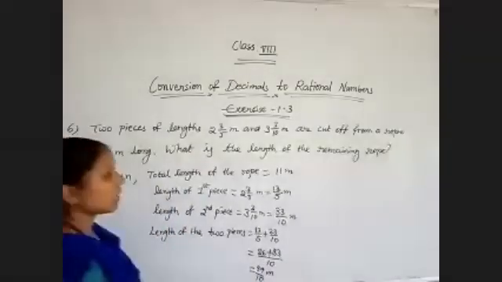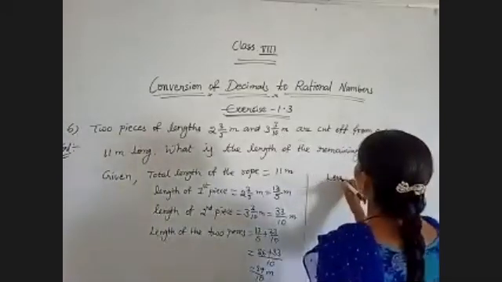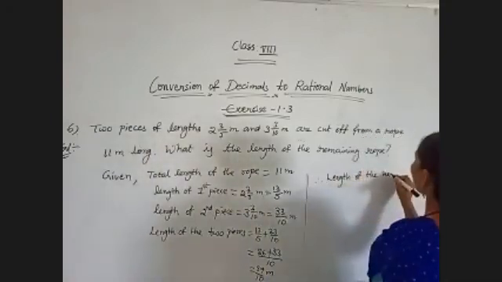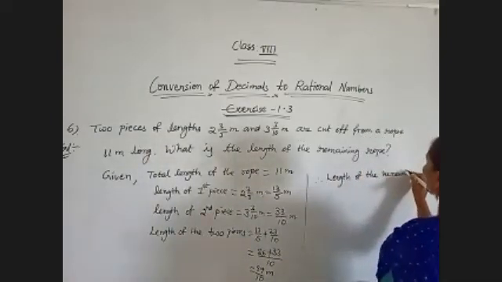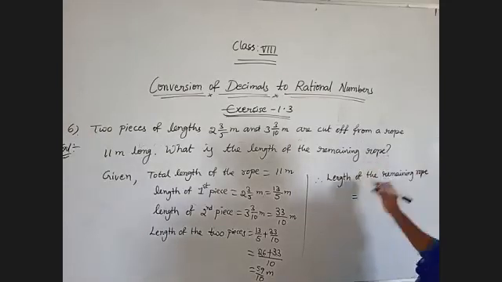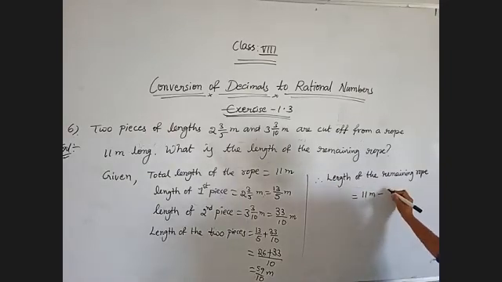Therefore, the length of the remaining rope is equal to total length, that is 11 meters, minus the length of two ropes, 59 by 10 meters.